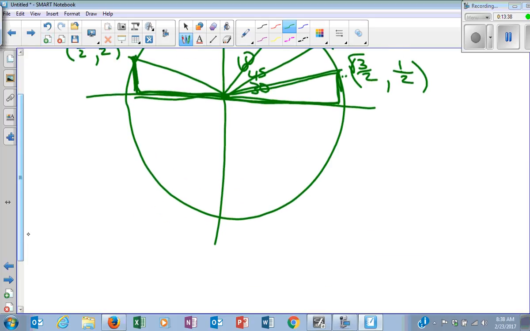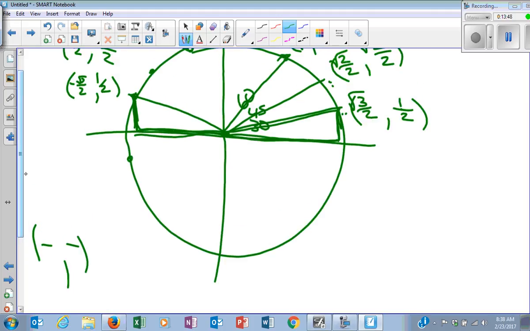The same thing in the quadrant. So down here, what's this quadrant? What are my x's all? Negative. What are all my y's? So all I'm going to do to this ordered pair, right here, or this one, doesn't matter, is I know it's going to be the same numbers, except it's going to be a negative square root of 3 over 2 and a negative 1/2. Does that make sense?